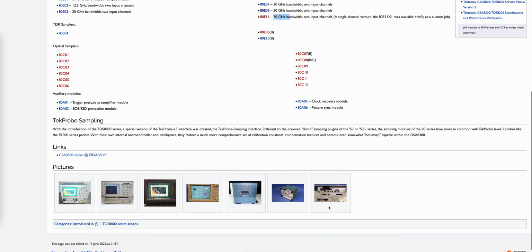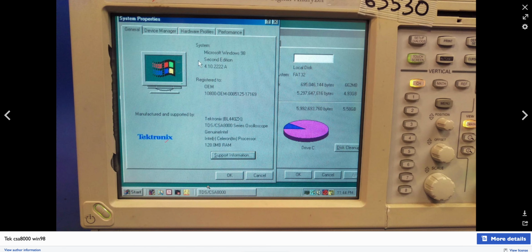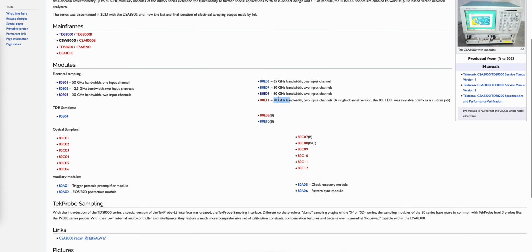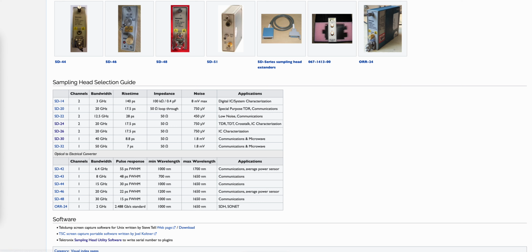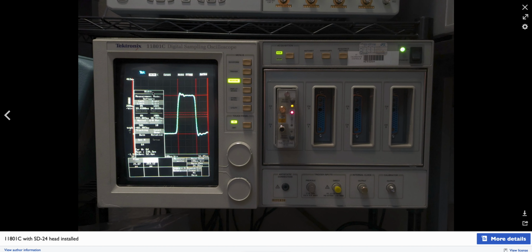This is where we start to see instruments that have a Microsoft Windows interface, and when I came across this for the first time, it was a bit of a disappointment after seeing many instruments with those fantastic, more classic screens.